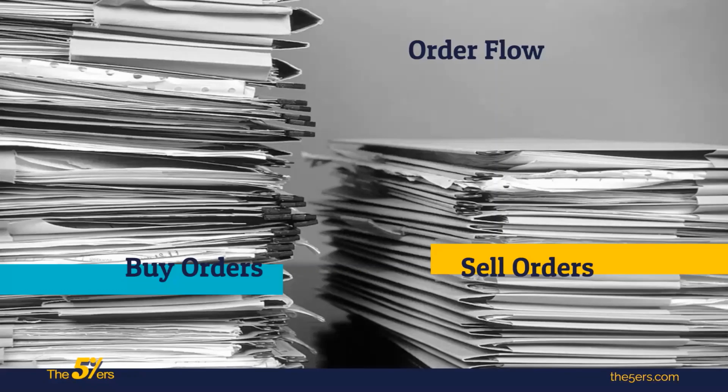The exchange will take one file from the sales order and match it to the buy orders pile, and then they will start making deals. As long as we have enough buyers and sellers, price is not going to change, until the exchange will finally fulfill all the orders that are waiting there.